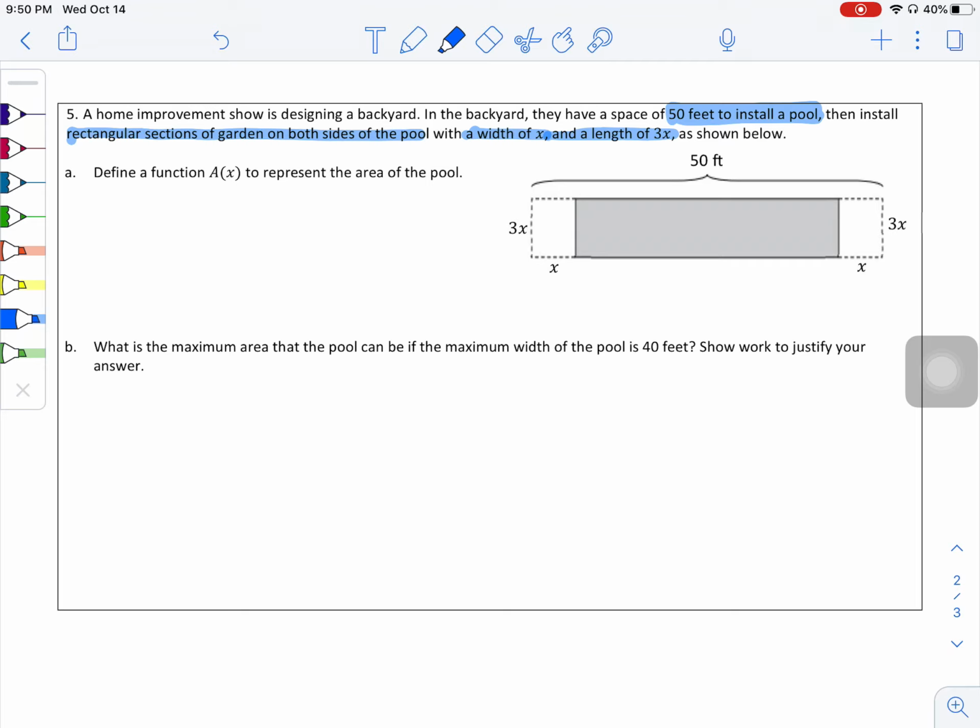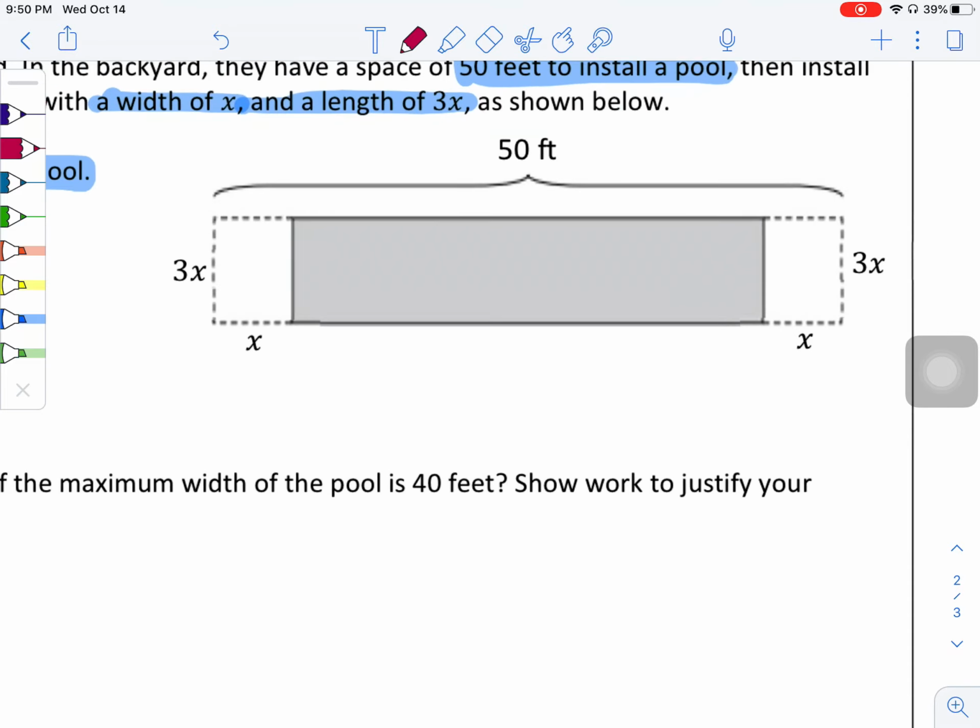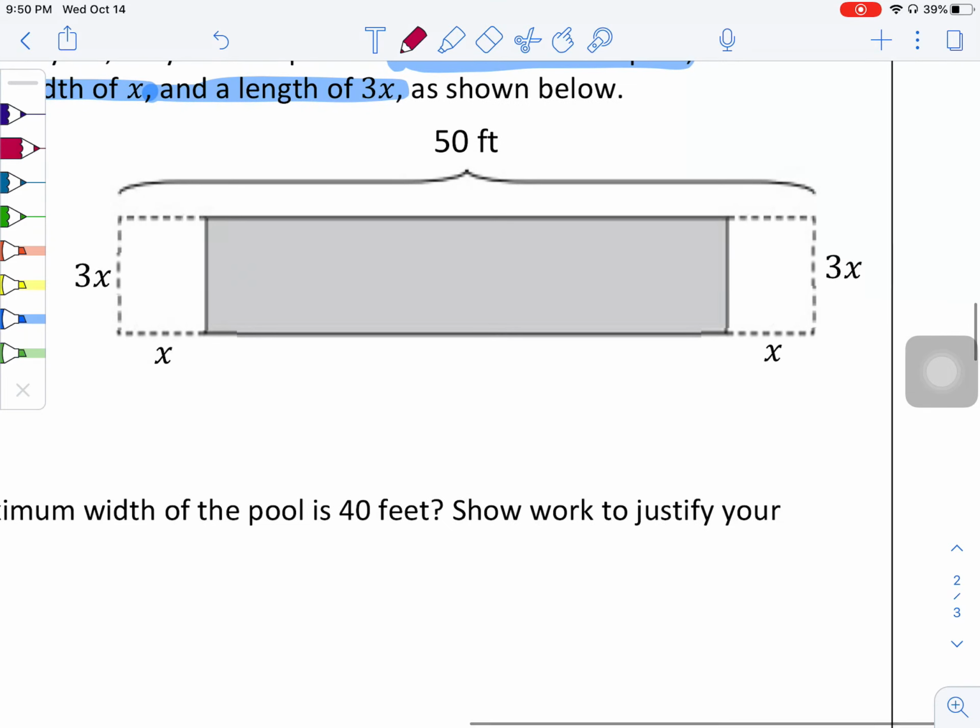And so we want to represent in part A the area of the pool. So the pool is just the shaded space, all right? That's what we want to be careful about, that we're just looking at the shaded space for our area information. So I'm going to zoom in really tight on the picture, all right?